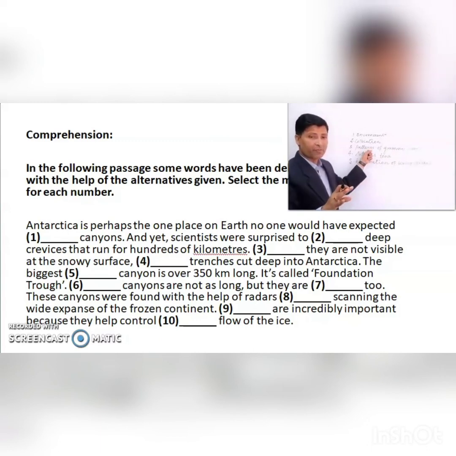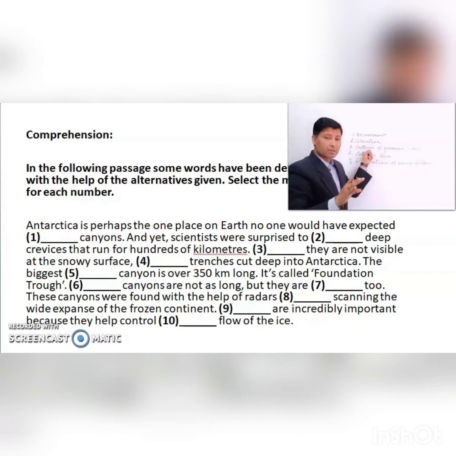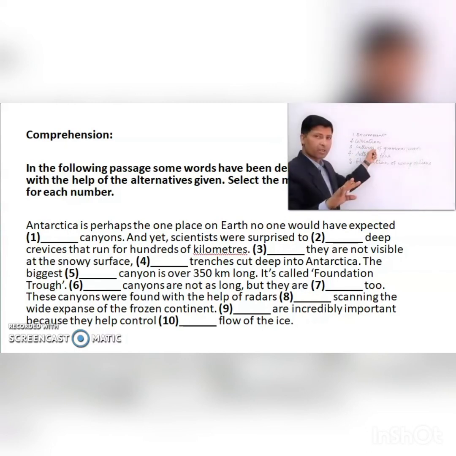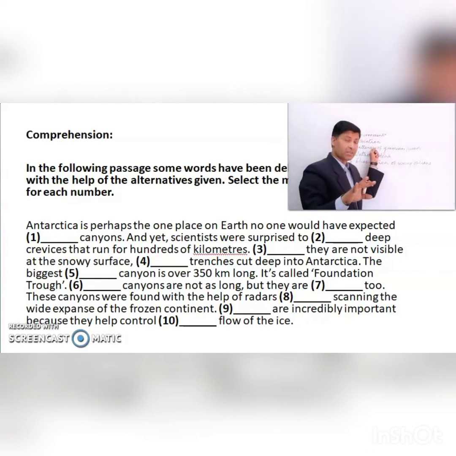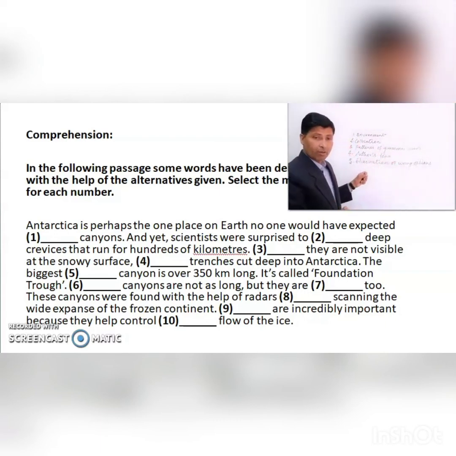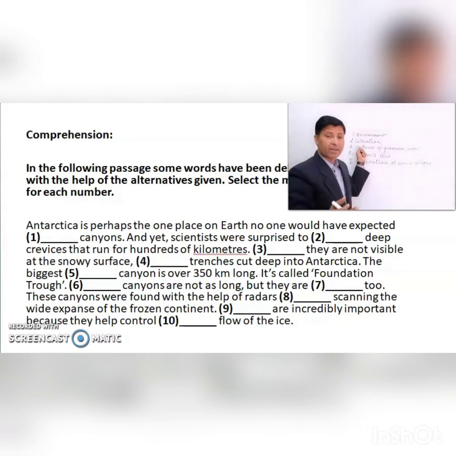Then these trenches is again a pattern of grammar, because the demonstrative adjective these is followed by a plural noun. The next question, number 5, the biggest such, is again a pattern of grammar. The biggest such canyon is over 350 kilometers long. It is called Foundation Trough.